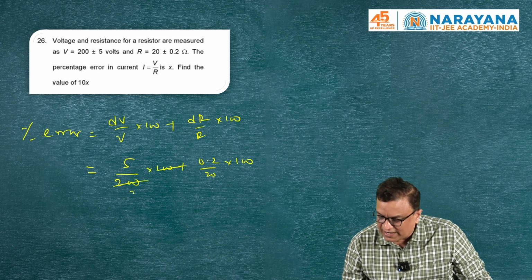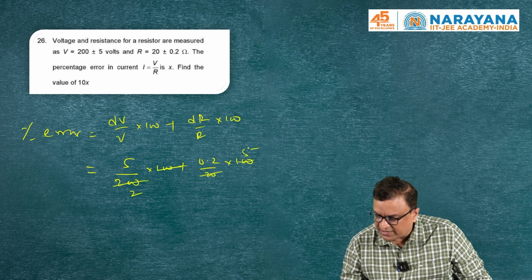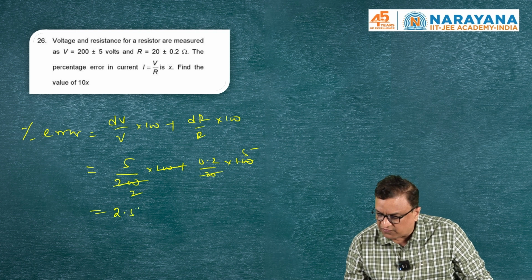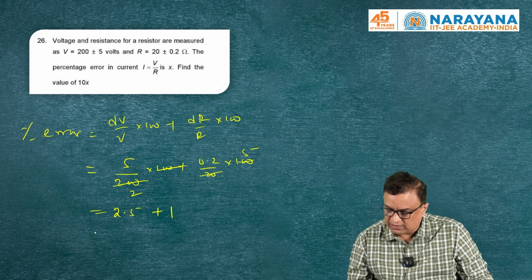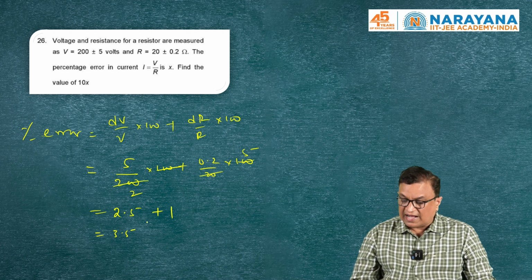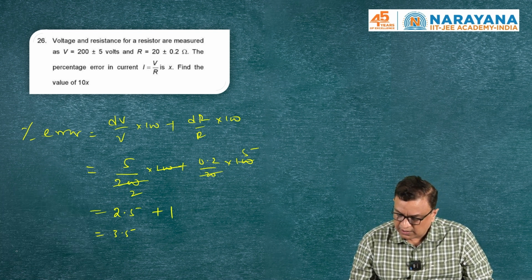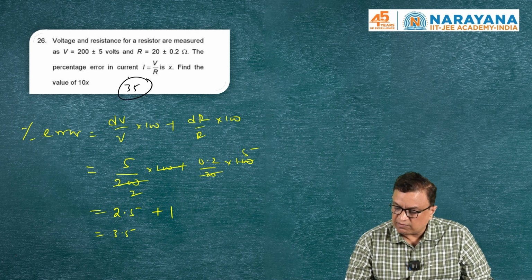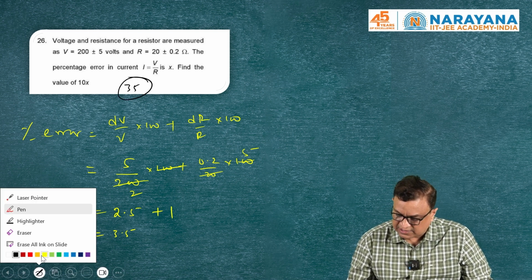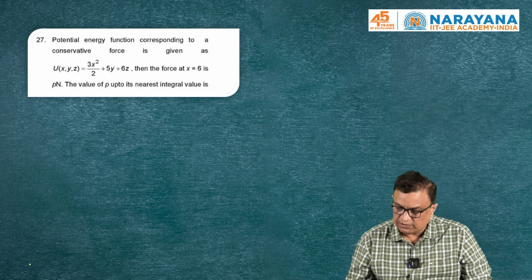So this is 2.5 plus 1, 3.5. They are asking 10x, so the answer will be 35. Absolutely correct. Next question.